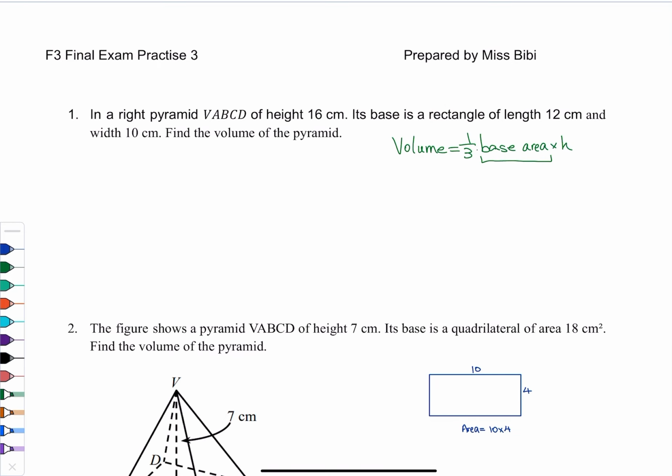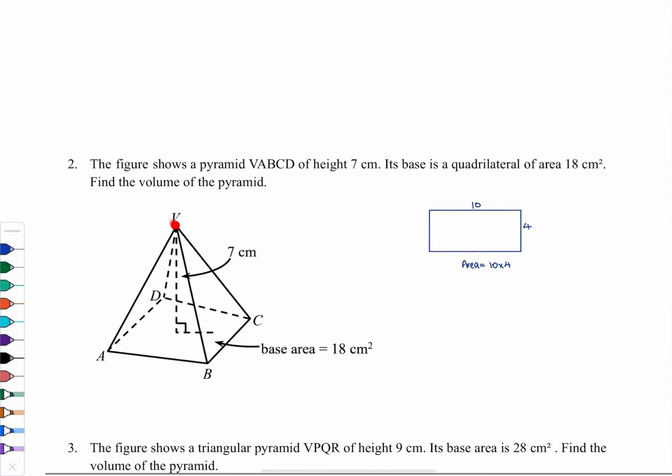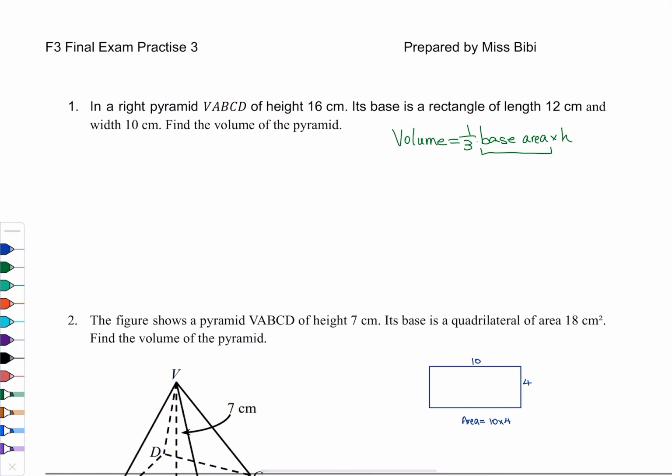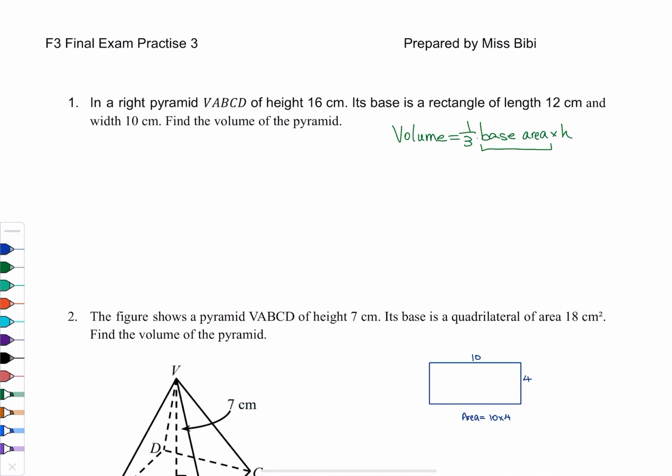So now we know that there's a pyramid called VABCD, just like this, and the height of the pyramid is 16. So we already know this h here is 16. So we will have 1/3. We don't know the base area yet. We know the height is 16. And then what is the base?